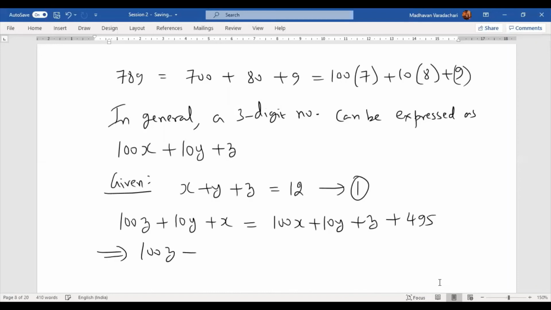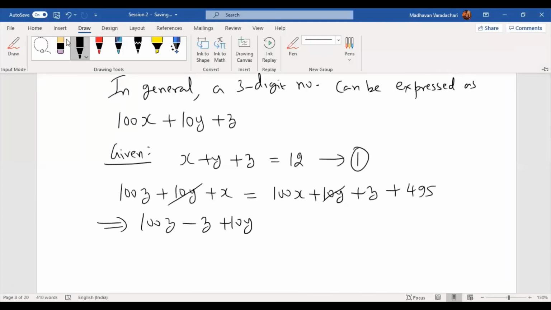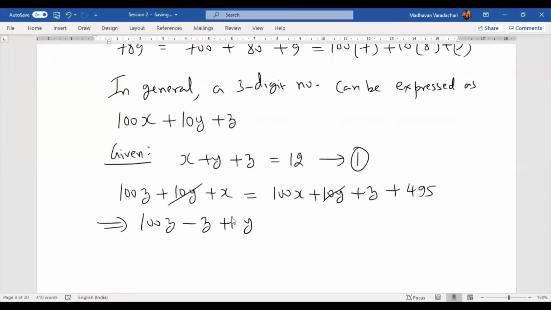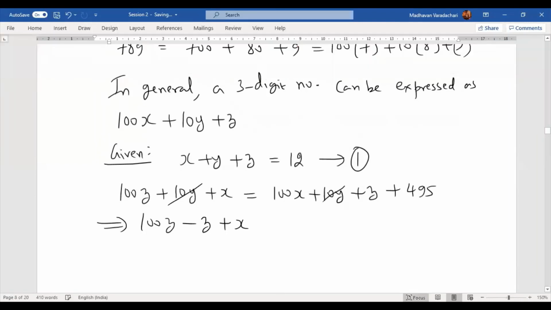Bring this x to the left side, it becomes minus x. I can cancel 10y because it is appearing on both sides. Then take 100x to the left side, it becomes negative 100x, equal to 495. And this is 99z minus 99x equal to 495.